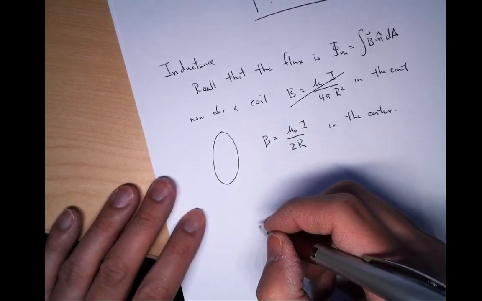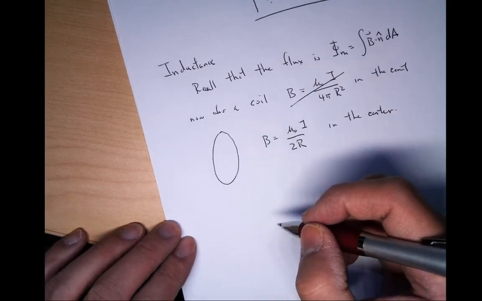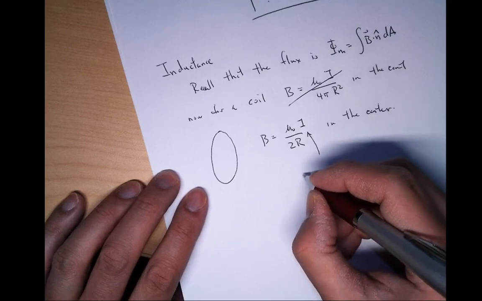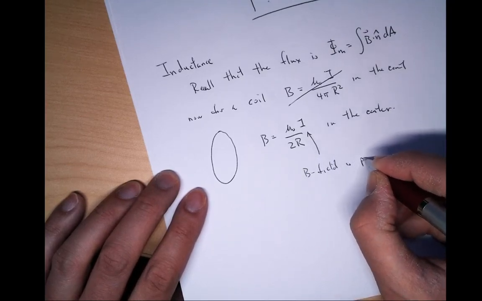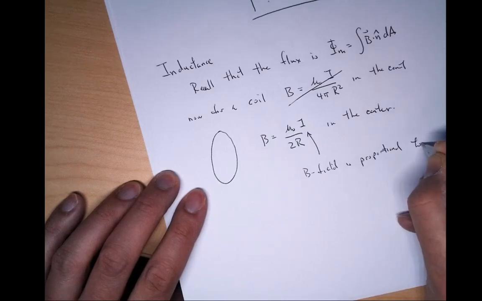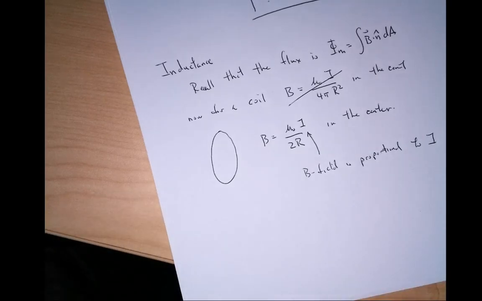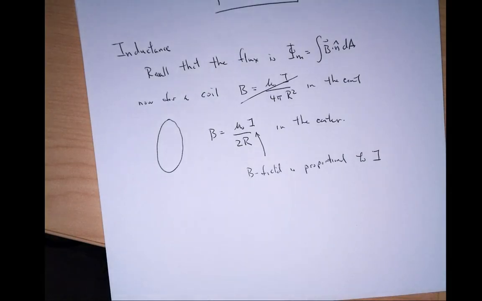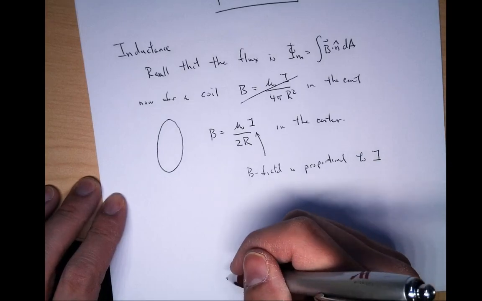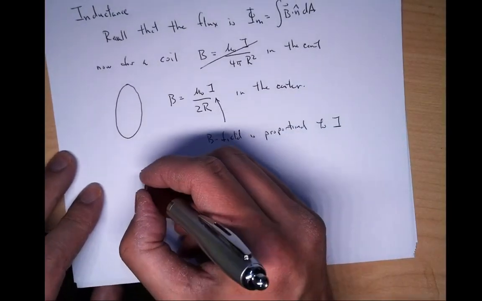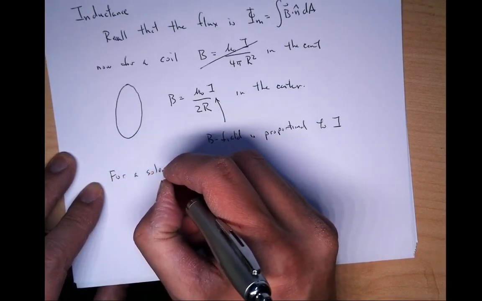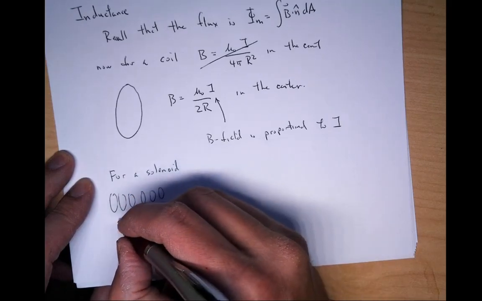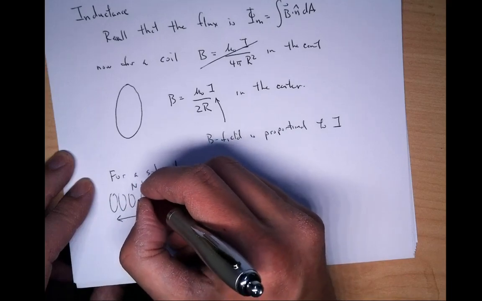Now, what's interesting about this is that the field can vary a bit from place to place, but it's always proportional to I. So the B field is proportional to I. It's very much like capacitors, where the voltage drop was always proportional to Q. In this case, the B field is going to be proportional to I. Now, for a solenoid, we can describe the object here as having length L with N turns, or N coils.